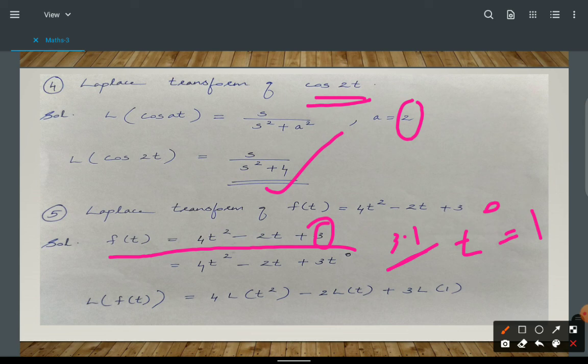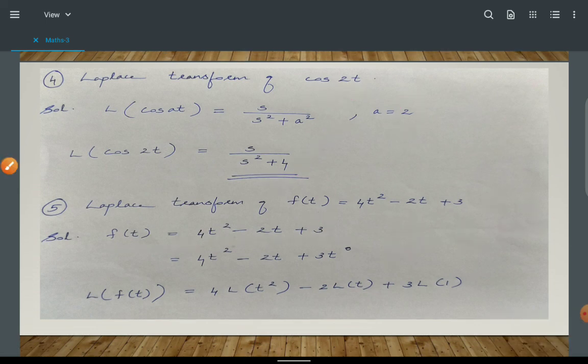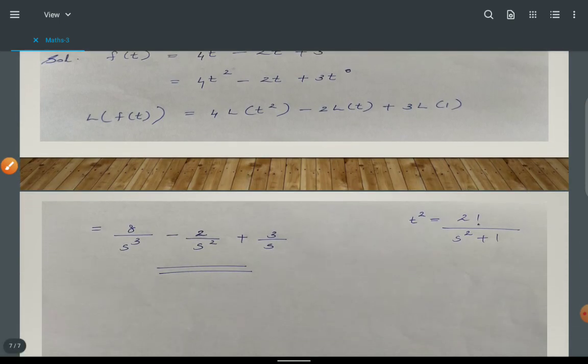So we have to apply the Laplace transform. So L of f of t, in that case, is 4 L of t squared minus 2 Laplace of t plus 3 Laplace of 1. Substituting all these values together, what will we get? We'll be getting t squared. What is t squared in Laplace? We have already learned that equation, that is n factorial by s raised to n plus 1.